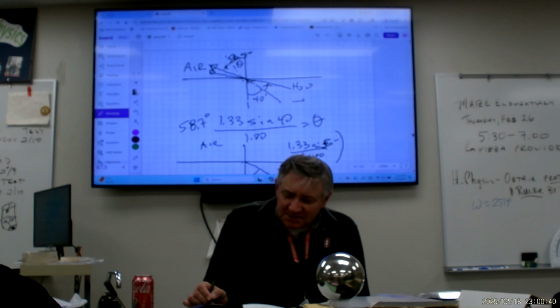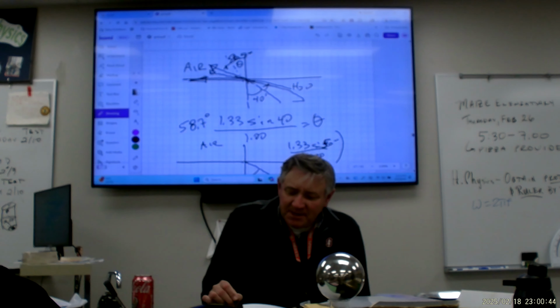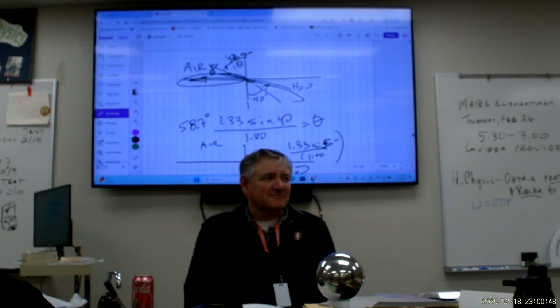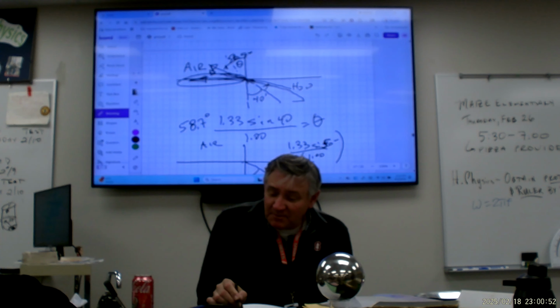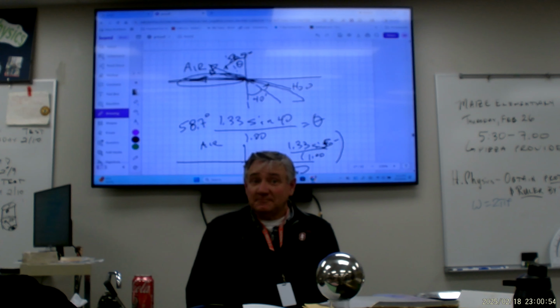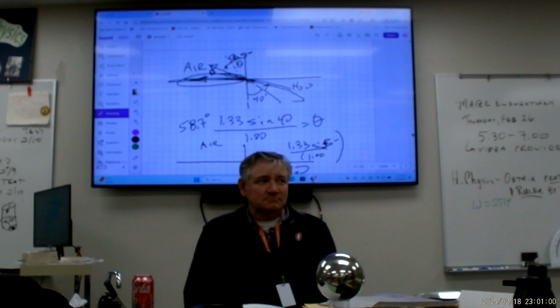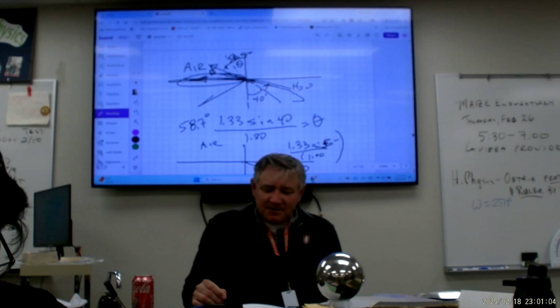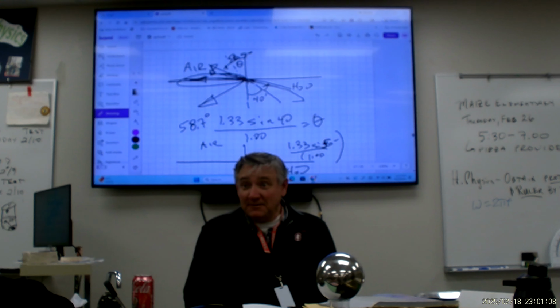At some point it goes horizontal, that would be 90 degrees, and it would run parallel with that surface. If you try to take the sine of 91 degrees, it doesn't make any sense. After that it bounces back in and you have total internal reflection.